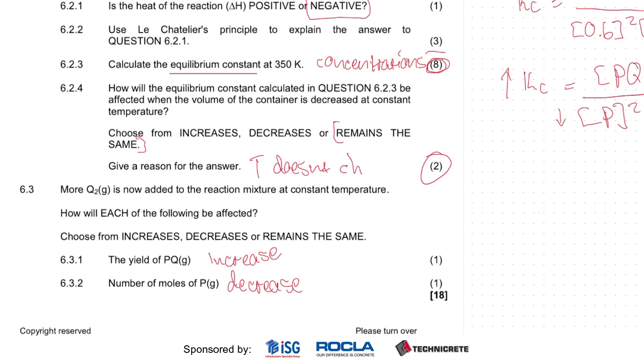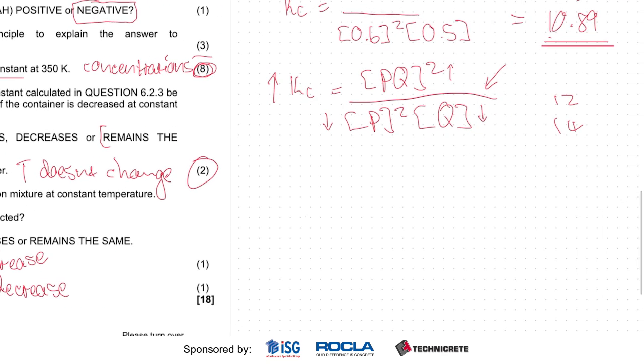So basically what they're on about is that there are two equilibrium constants, Kc and Kp, and strictly speaking, they're not the same thing.